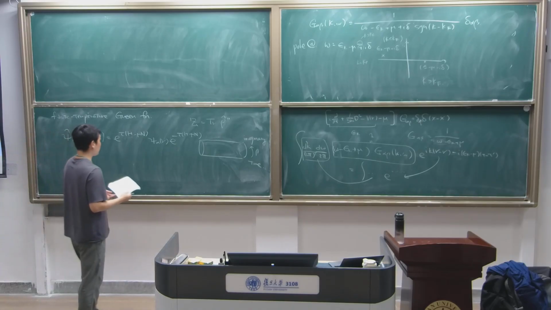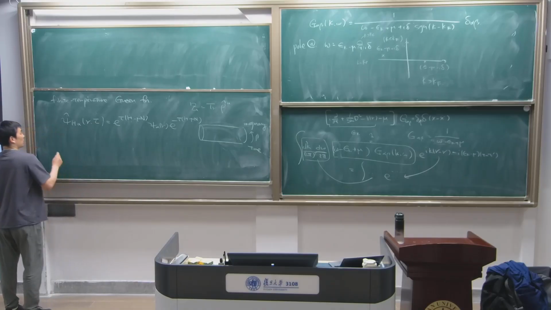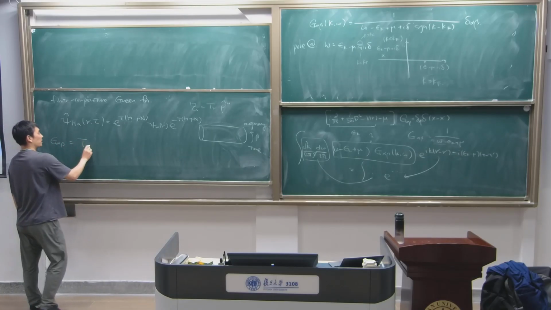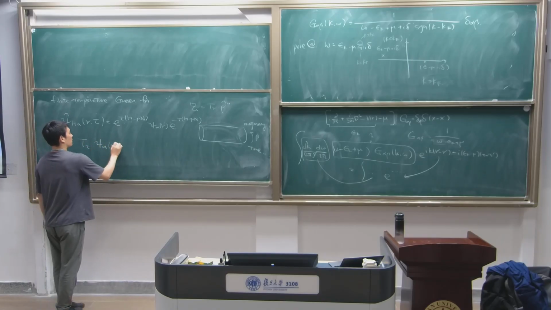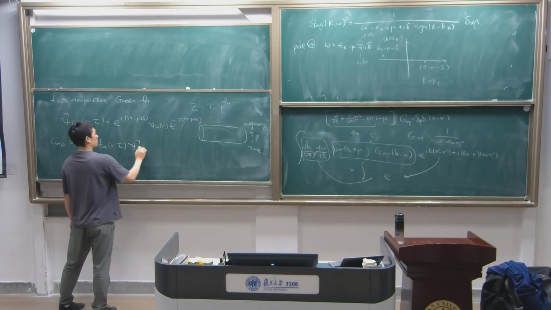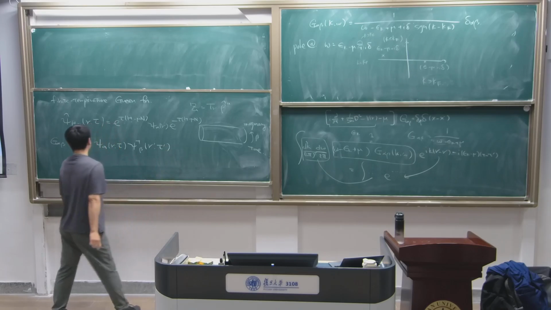Okay, and if you do that, what's going to happen? Then consider the same thing for the correlation function G alpha beta, the time-ordered product of psi alpha of tau and psi dagger beta.